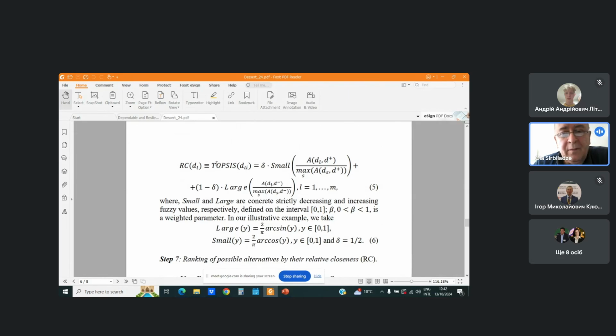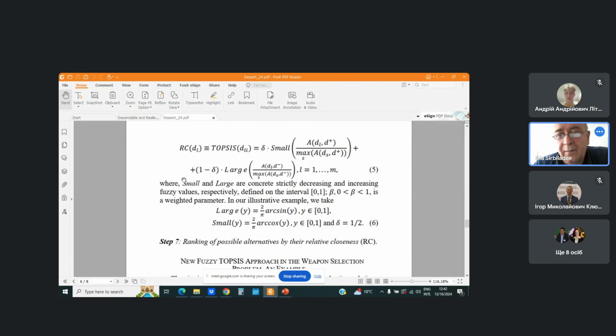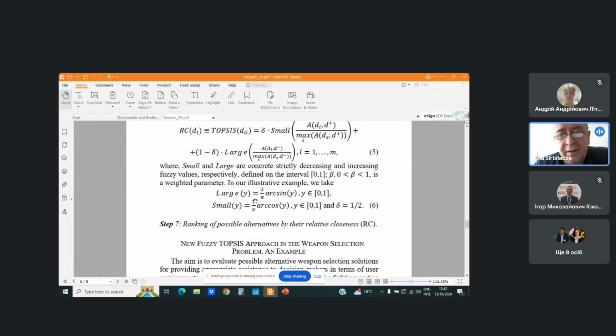Here also we are choosing specific functions, strictly decreasing and increasing functions. So these functions are specific. In another case, for example, we choose such functions as given in formula 6.